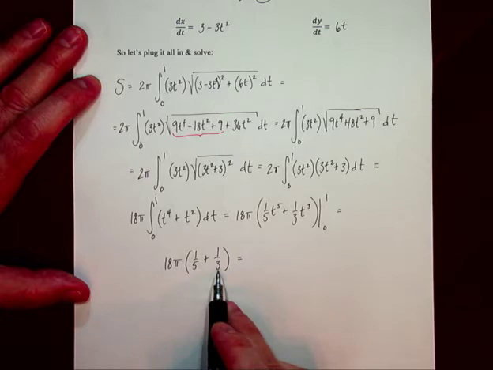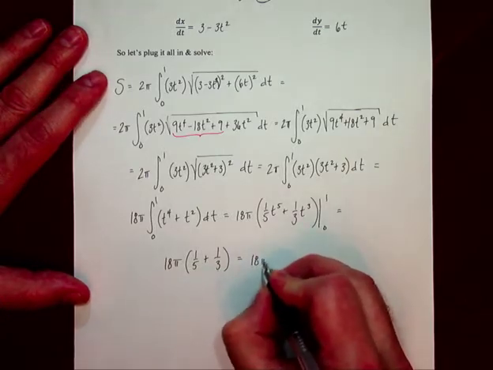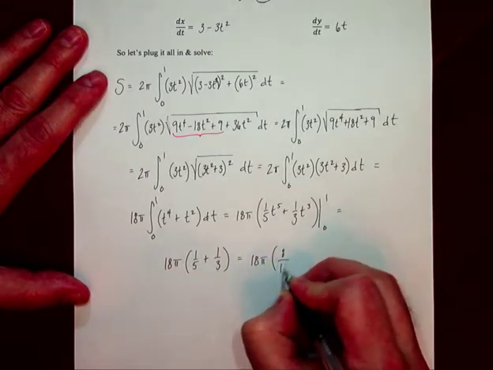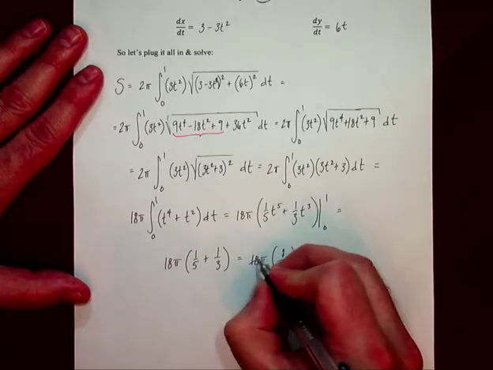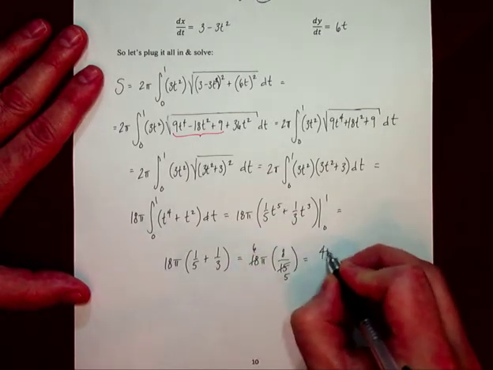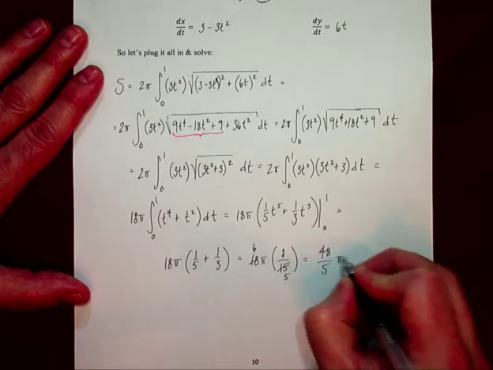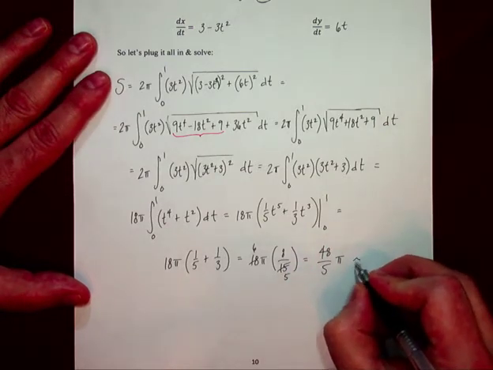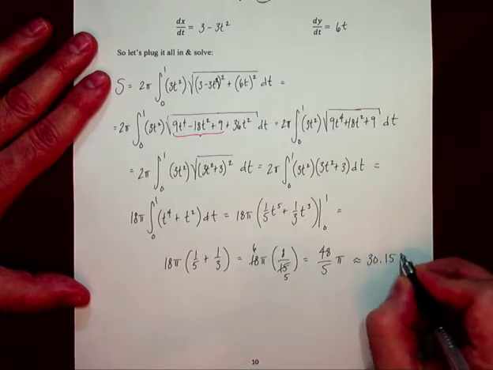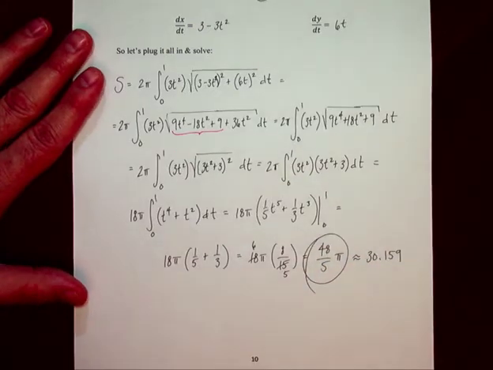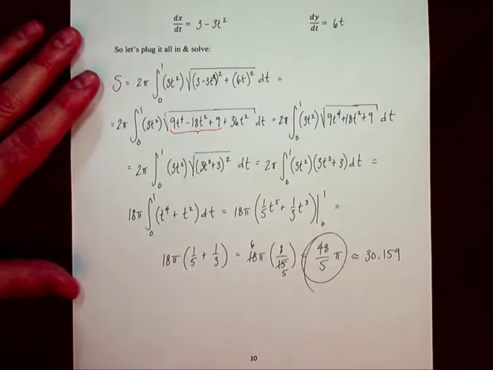That's 5/15. So it winds up being 18 pi times 8/15, which, because there's a common 3 in here, winds up being 48 over 5 pi. And I won't keep you in suspense. That approximates to 30.159. But there is the surface area of revolution.